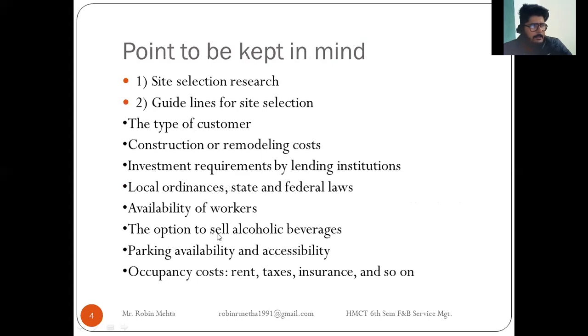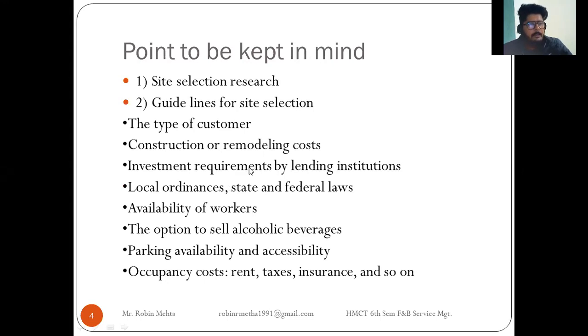Okay, there are some more points we have to keep in mind while selecting a site. Site selection research: we have to do research on the particular market where we are going to open our restaurant or any kind of hospitality business, because that is very important. If we go to the market, then only we get the idea what type of clients are there and what kind of food people prefer.